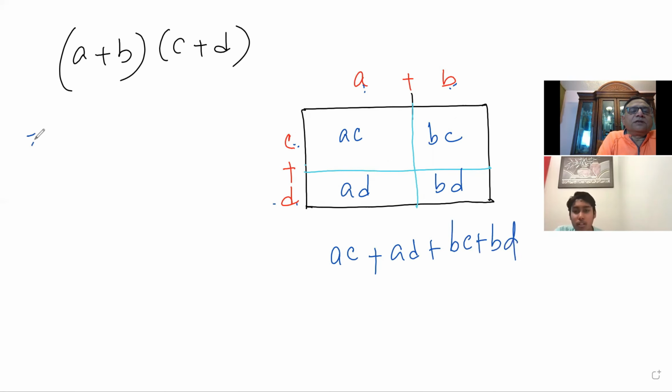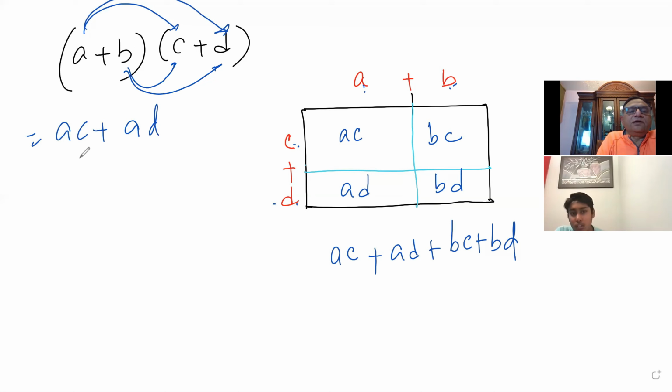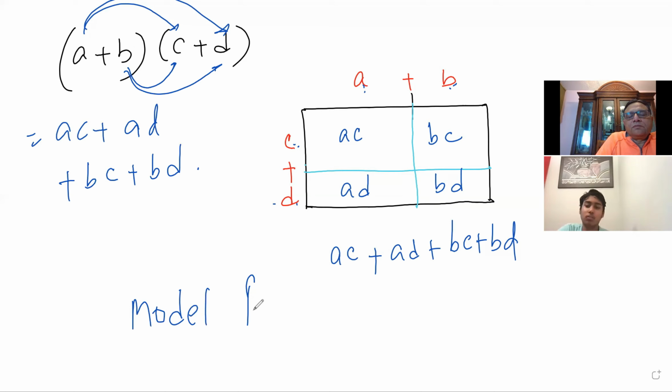Yes, sir. So that is what the expansion is. When you multiply first with a, for example, you get ac plus ad, and then with b, you get bc plus bd. Is that clear to you? Yes, sir. Correct. So that is how we could actually resolve, or rather model, product binomials.